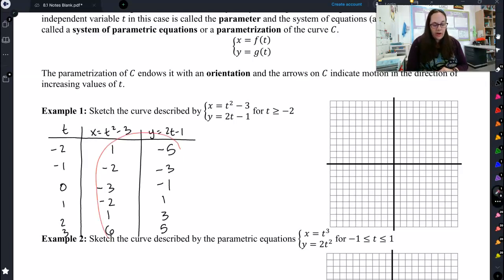Now I'm going to graph these as x comma y points. So my first point is going to be 1 comma -5. 1 comma 1, 2, 3, 4, 5.